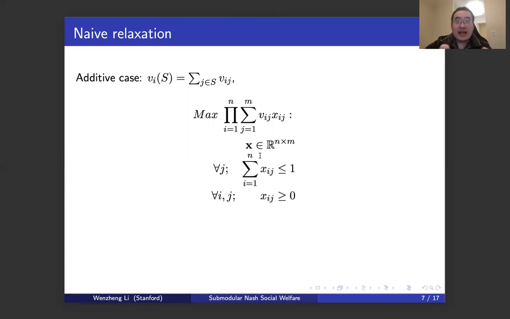We relax the assignment in the most naive way, so that you can allocate all the items fractionally. It's not hard to see that the integrality gap of this program is unbounded. For example, if there is only one item but there are n players, the answer to the original Nash social welfare problem should be 0. However, you can still get a positive value from this program.